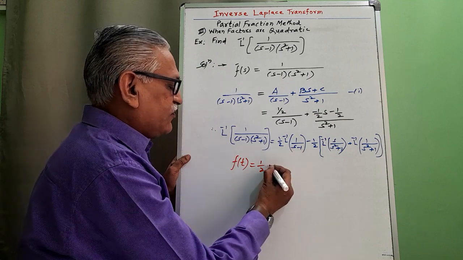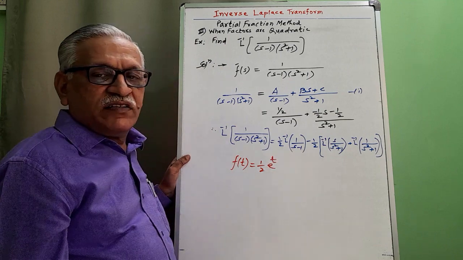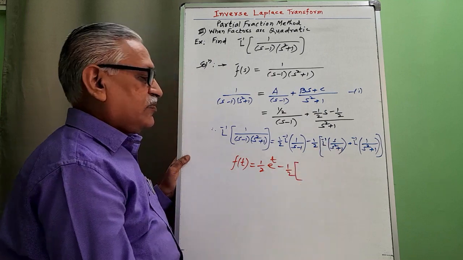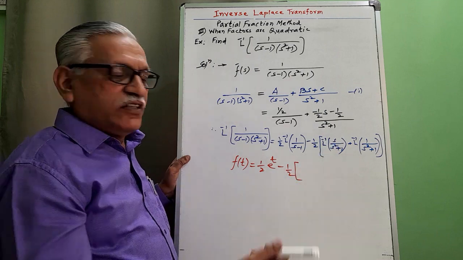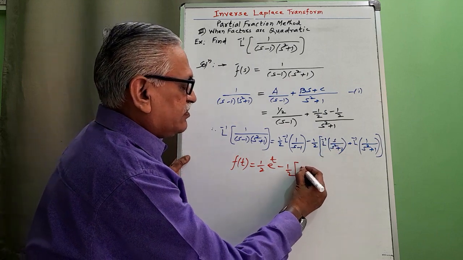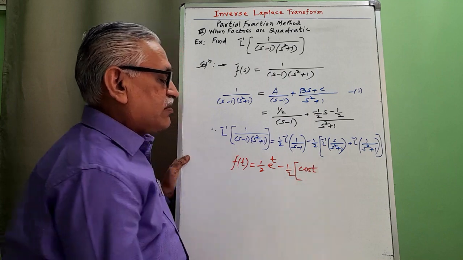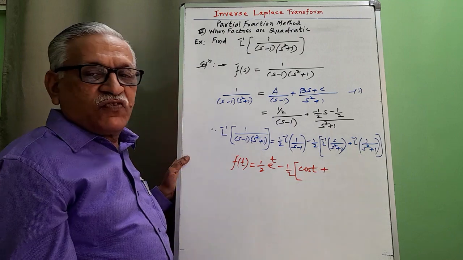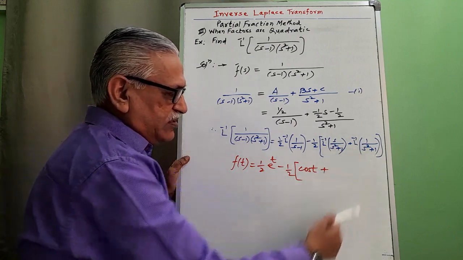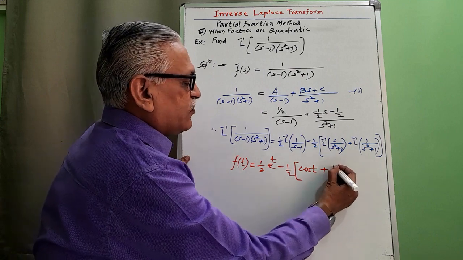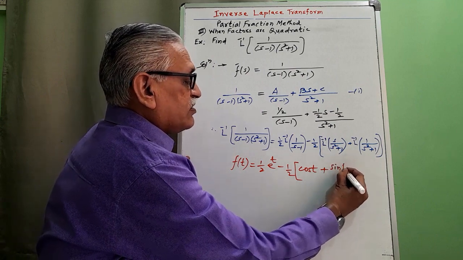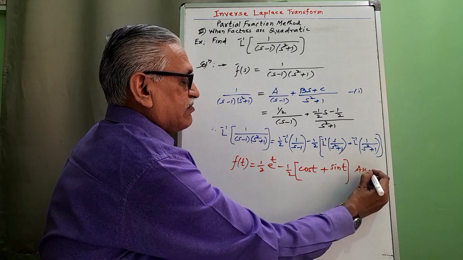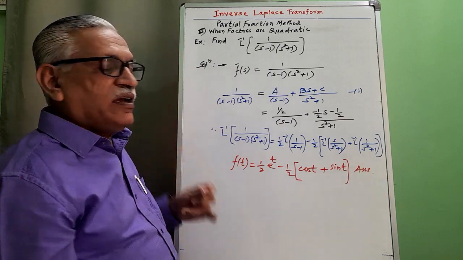A is here 1, therefore it becomes e raised to 1 times t, that is e raised to t, minus 1 by 2 times s upon s square plus 1, its inverse is cos of t, plus the inverse of 1 upon s square plus 1, which is 1 by a, here 1 by 1, we get 1, into sine of at, sine of t, a is 1 here. That is the required answer.